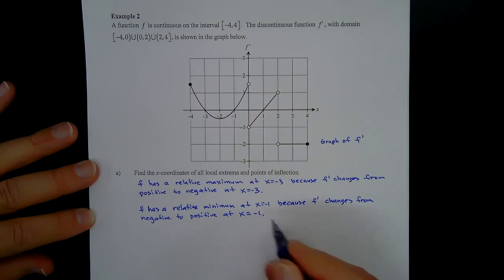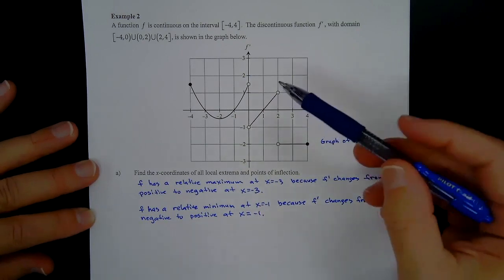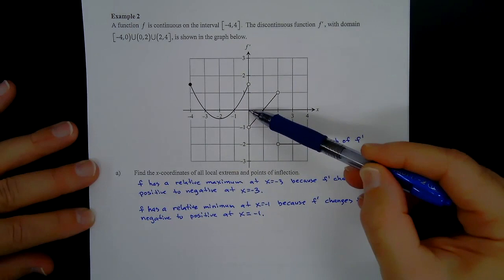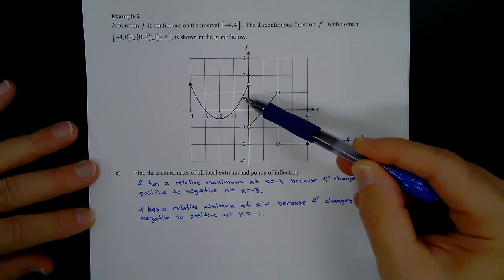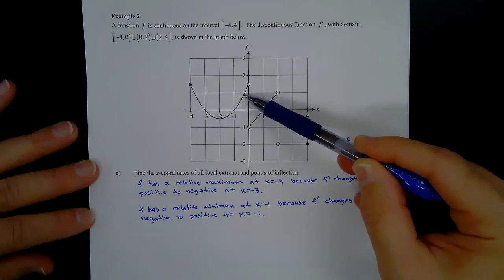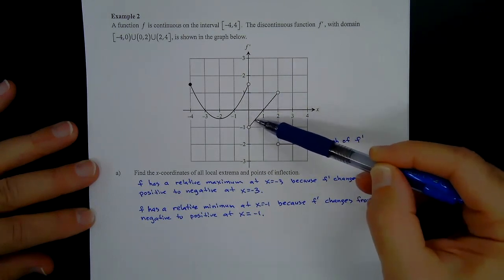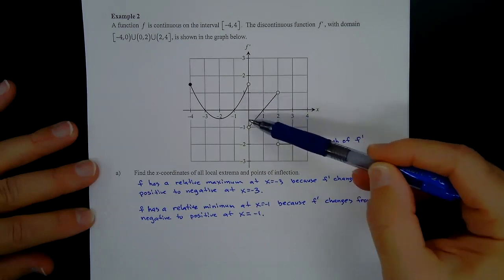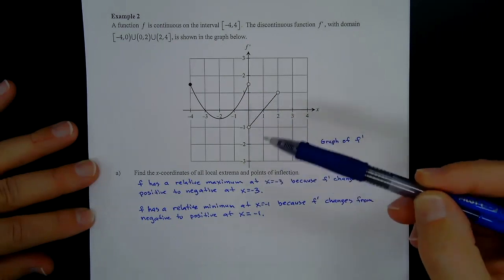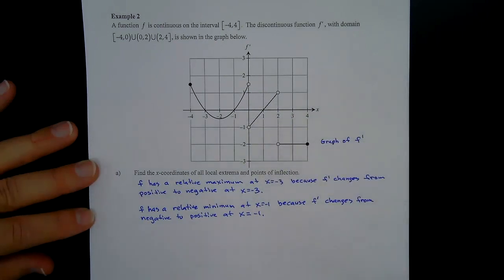Okay, so the next thing that's happening is the derivative is undefined, or doesn't exist, at x equals 0. And just to the left of that, the derivative is positive, and just to the right of that, the derivative is negative. So the derivative is changing from positive to negative at x equals 0. When it changes from positive to negative, that means f has a relative maximum.